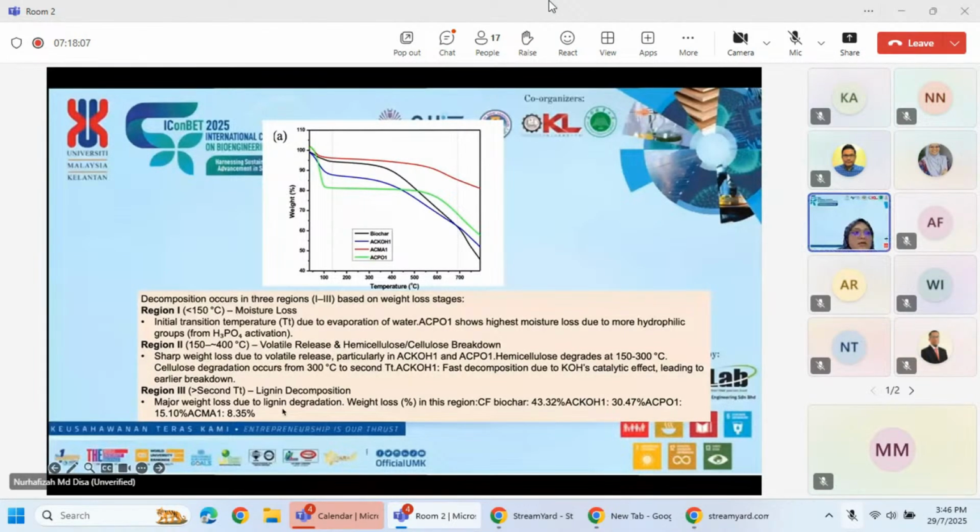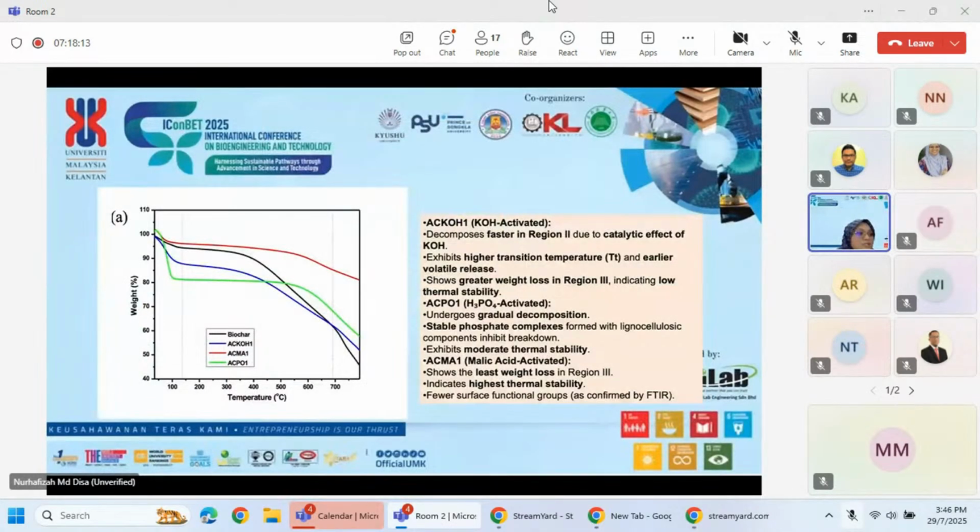Next is DTG. The reason why the ACKOH shows more significant degradation is that it decomposes faster due to the catalytic effect of KOH, and it shows a low thermal stability compared to other samples.